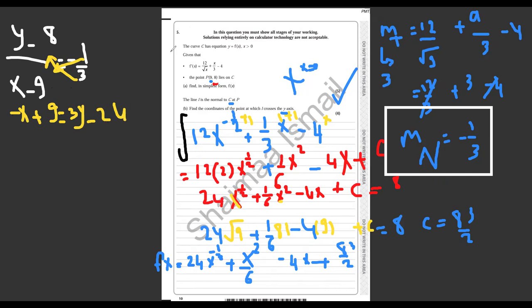So negative x plus 9 equals 3y minus 24. And now take the x and put 0 instead, as it crosses the y-axis. So here it will be 0 plus 9, which equals 9, equal to 3y minus 24. So here we make it plus 24, 9 plus 24 is 33, equal to 3y.